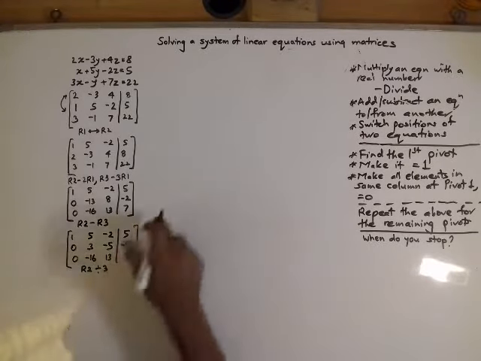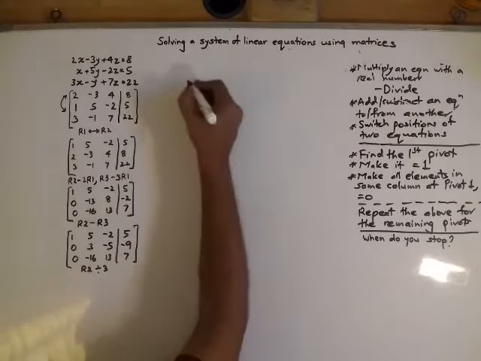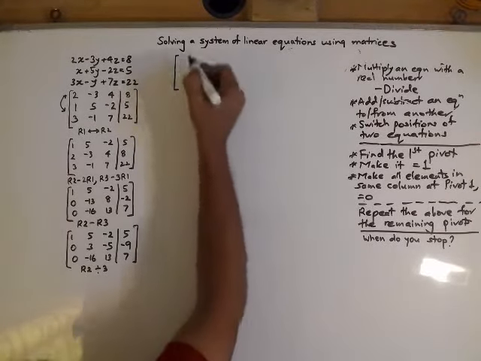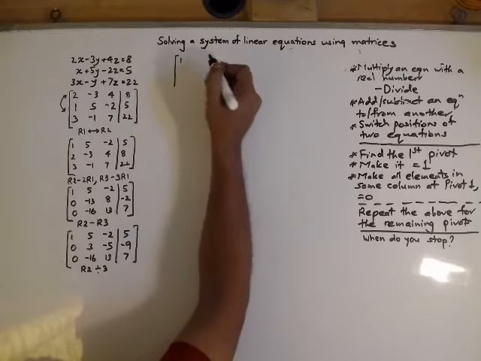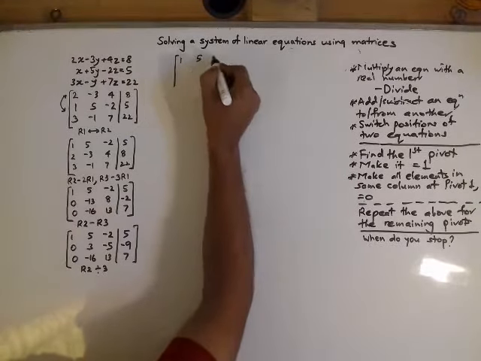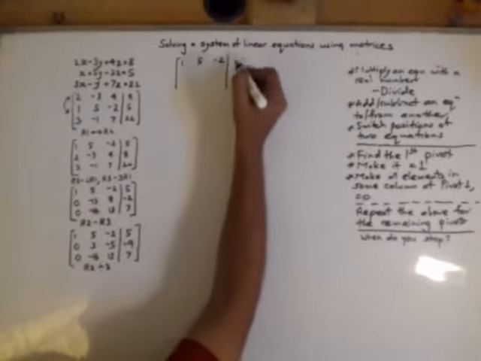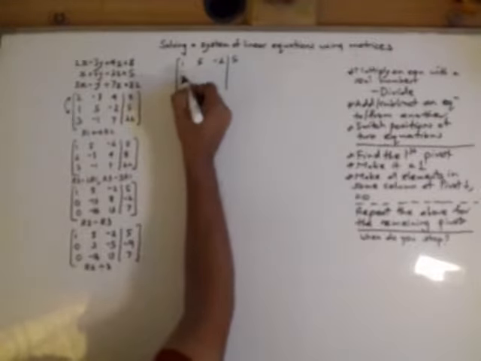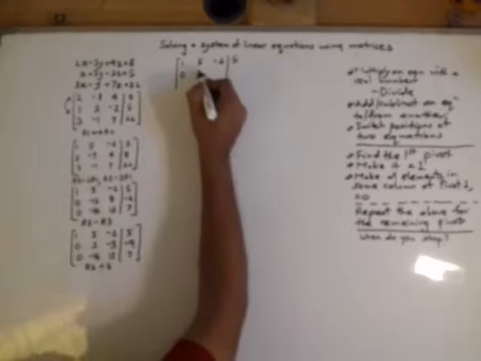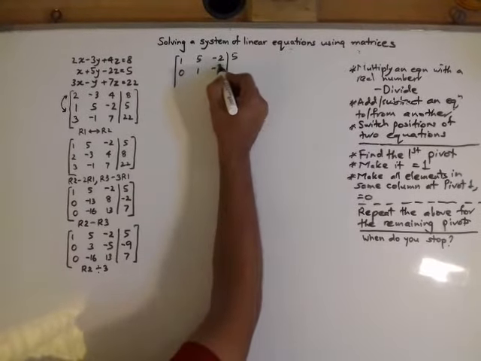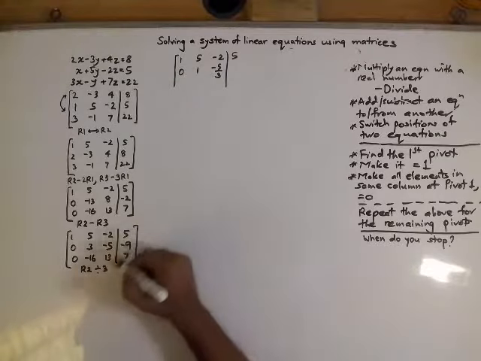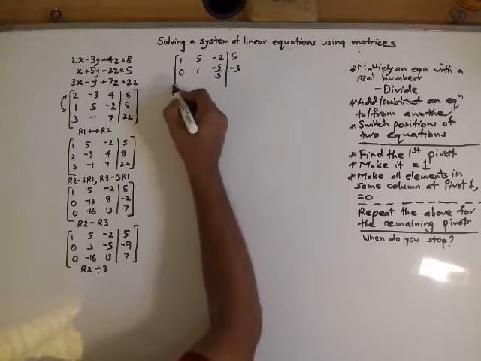So R1 stays as is. R2: 0 divided by 3 is 0, 3 divided by 3 is 1, minus 5 divided by 3 is minus 5 by 3, and minus 9 divided by 3 is minus 3.